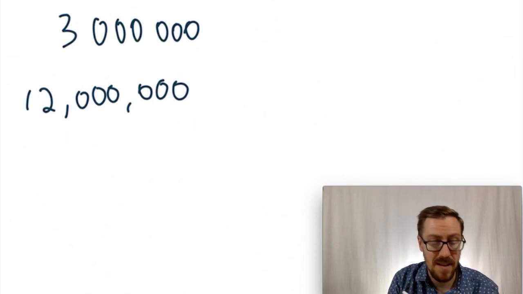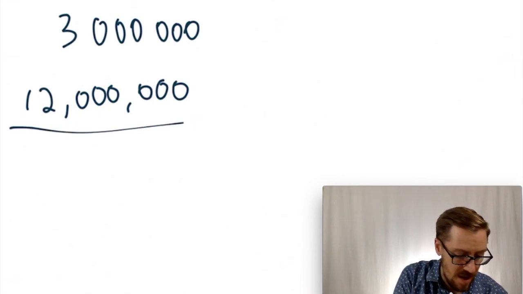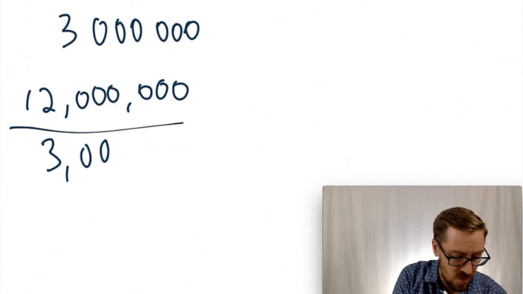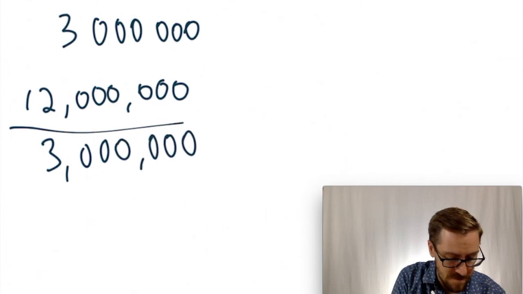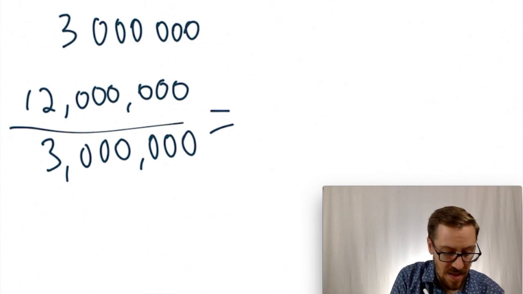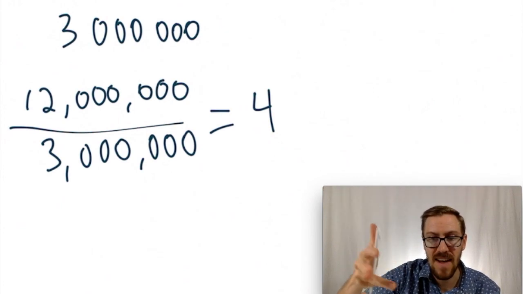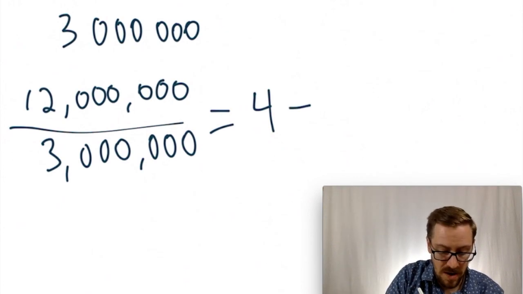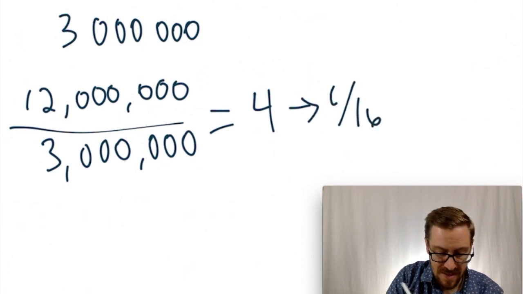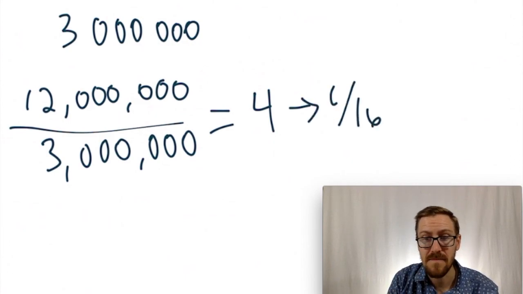You take your 12 million and divide it by your 3 million. Take your age, divide it by your half-life, and that's going to give you 4. If 4 half-lives have gone by, that's half of a half of a half of a half, which would be 1/16 of your atoms remaining. And that's how to do half-lives.